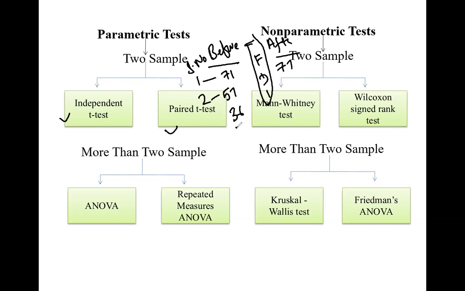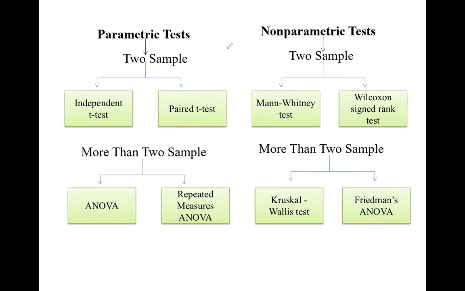36, and 52. The condition of a paired t-test is that the respondent should be the same. We observe the same respondent two times to check the difference. So here we use the paired t-test. You can take another example. If you want to reduce your weight, you joined a gym for one month, and before joining the gym, your weight was 75 and 82. The third person's weight was 80.